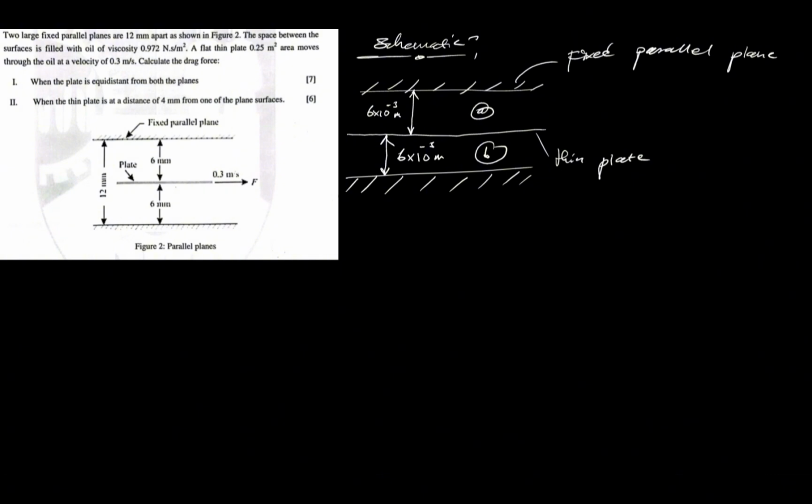The distance from one fixed plane to the other is just the sum of 6 by 10 to the minus 3 and 6 by 10 to the minus 3, which is 12 by 10 to the minus 3 meters. So this is our figure 2.